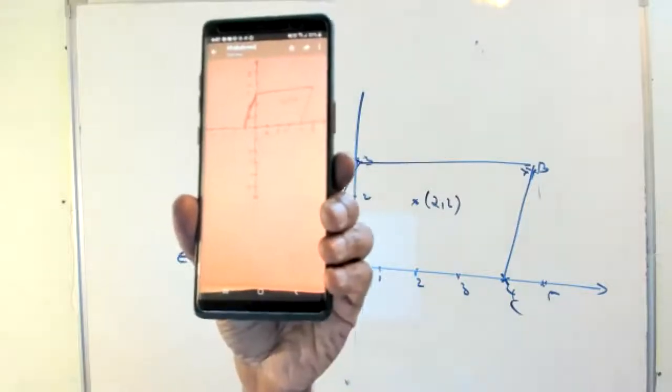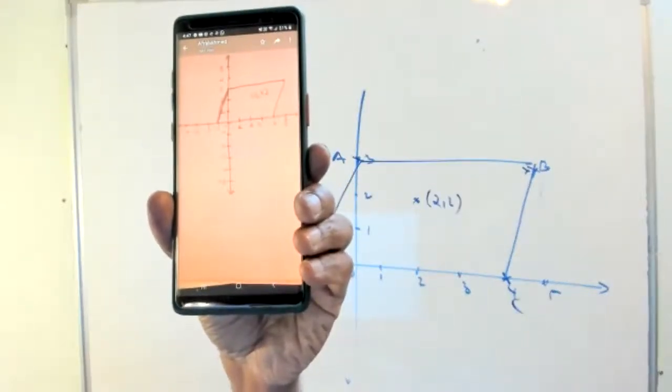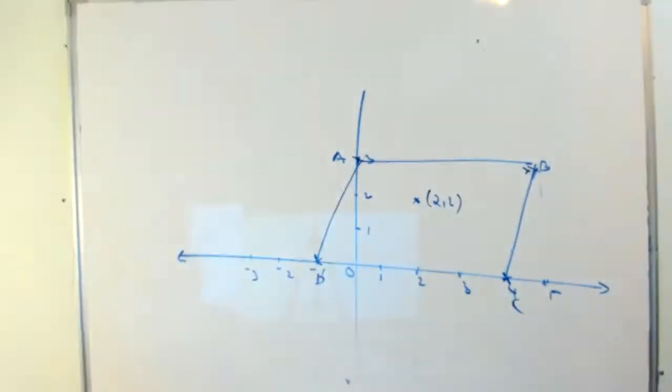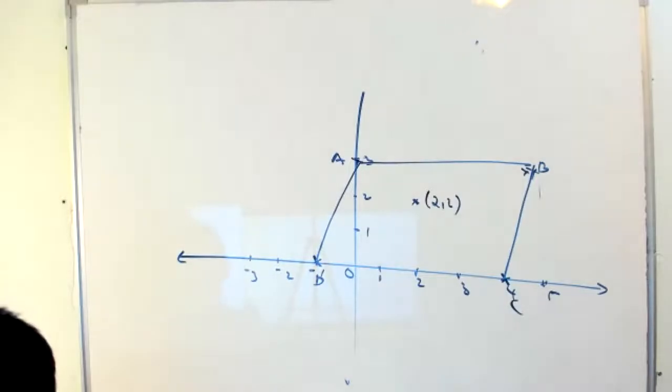Right? Hello, on the camera. Let me see your scale then. On the camera. Okay, show me the scale.